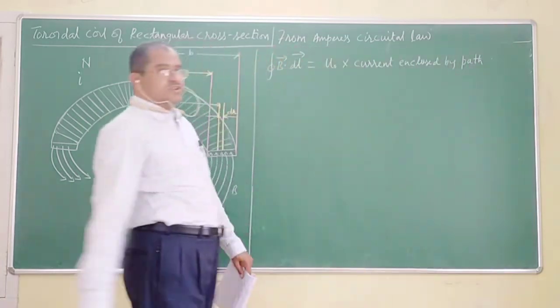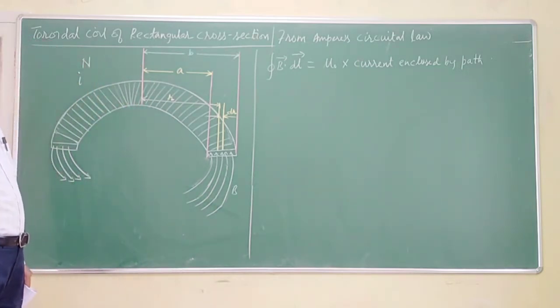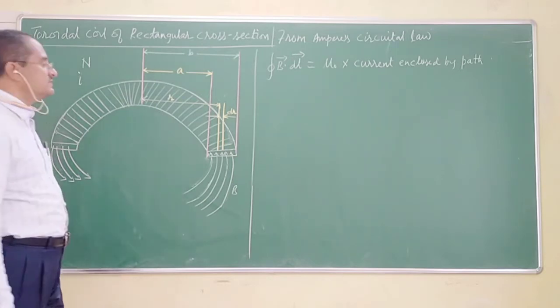This you have studied in class 12 itself. Line integral of magnetic field is equal to mu naught times current enclosed by the path.